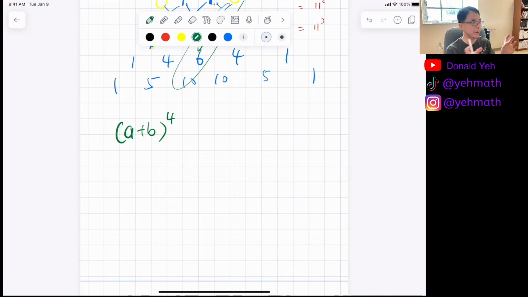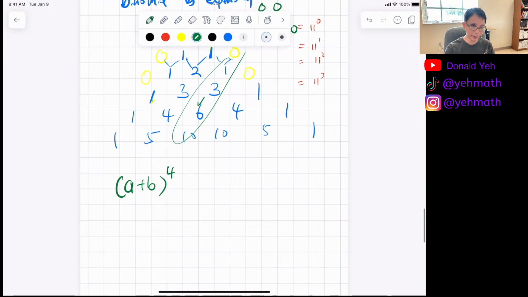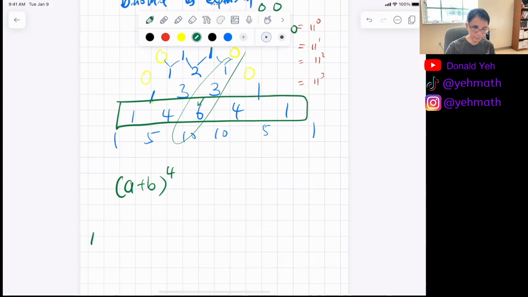Now, if you want to expand them normally, it's going to be a lot of work. Now, the best thing is, it's not a lot of work. You're going to take this 1, 4, 6, 4, 1. You're going to take the coefficients.